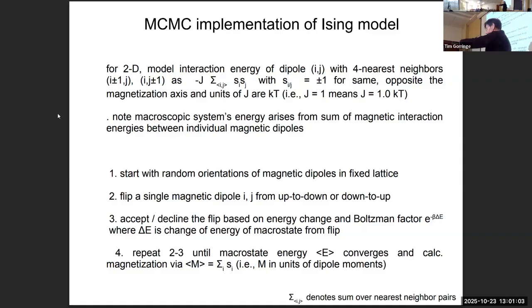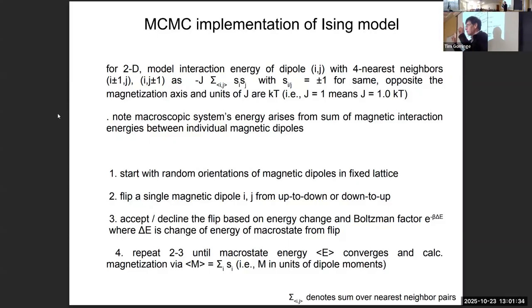I'm just going to include the 4 absolute nearest neighbors to each dipole. And that's the interaction that I'm going to consider. So we've got 4 nearest neighbors. This is going to be my expression for their interaction energy. And actually, this is the expression for the total interaction energy with the 4 nearest neighbors.